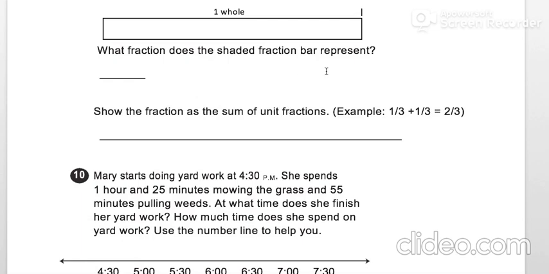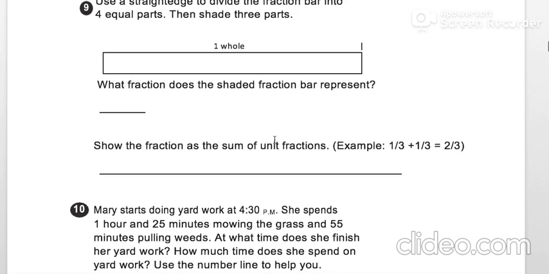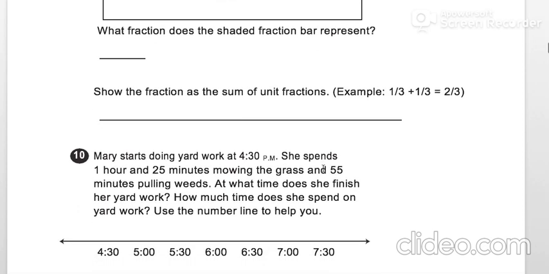So for example, if you're working with thirds and you have 1/3 plus 1/3 shaded in, you have 2/3 shaded in. So for the sum of fractions, what I want you to write on this line is a fraction plus a fraction plus a fraction equals whatever it equals. You have to figure that out on your own.